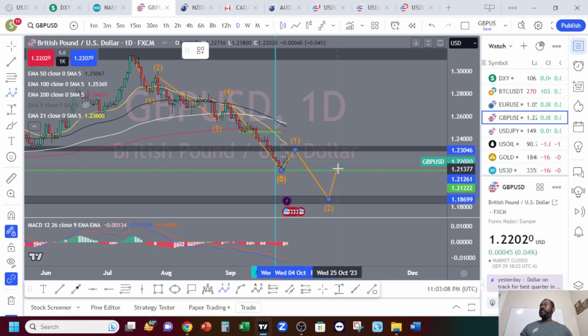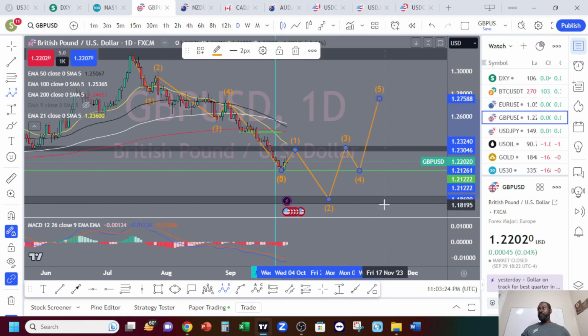And come back, break this, come here to make an inverted head and shoulders to continue to go up. Of course it can. Remember, in the weekly time frame, this is a weekly resistance right here. Price is in an uptrend. So remember what we said when we were looking at the weekly time frame. So this is a possibility.